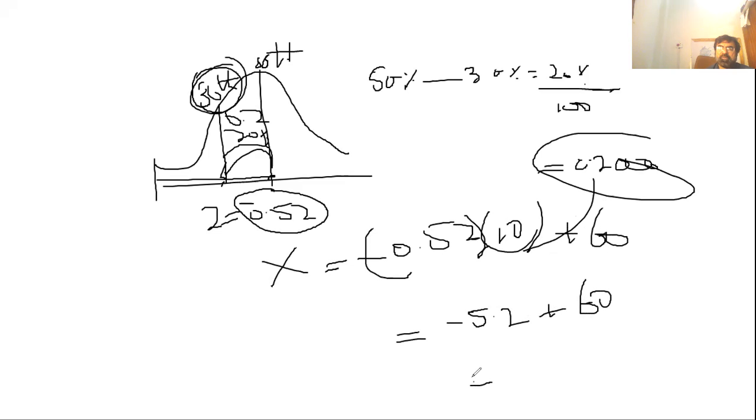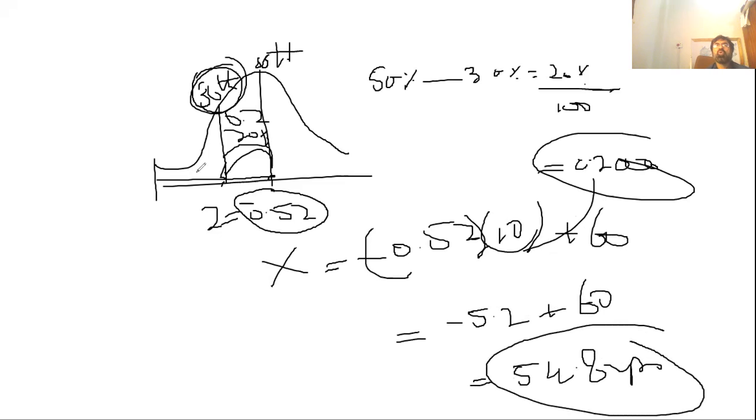So that becomes 54.8 years. So a person who is having a position on the 30th percentile, who is included in the 30th group, the individual age of this person would be 54.8 years.